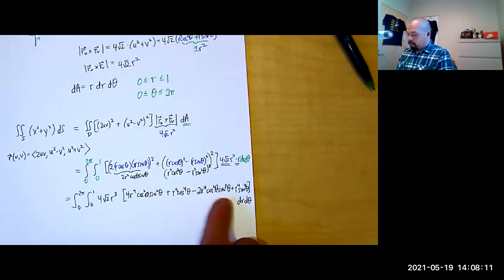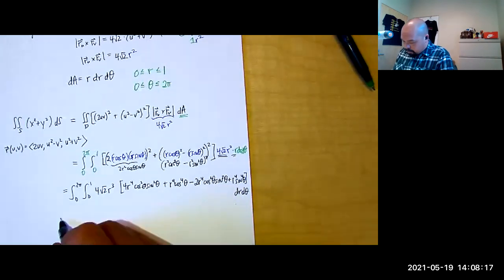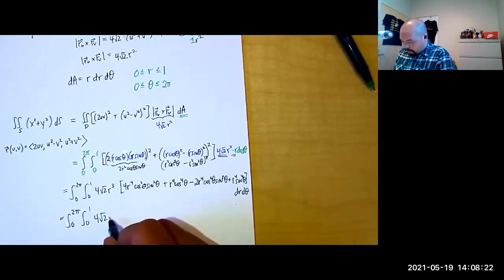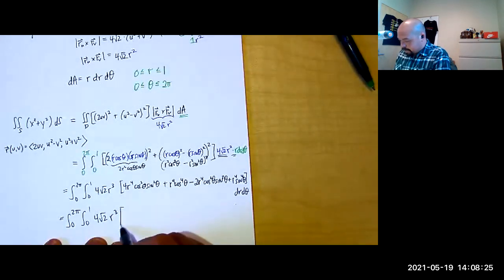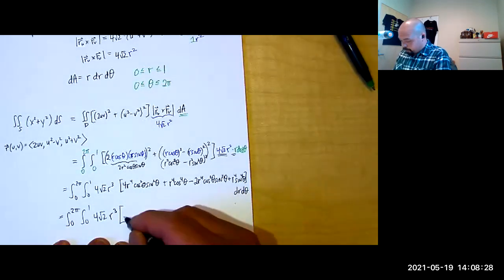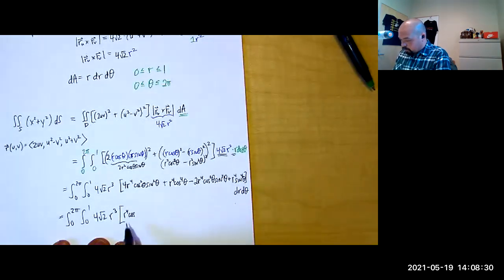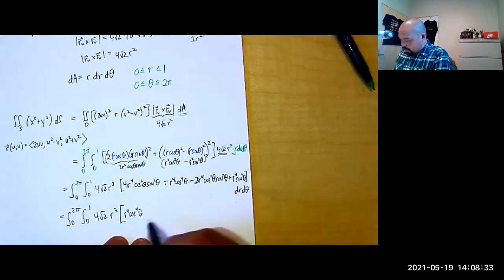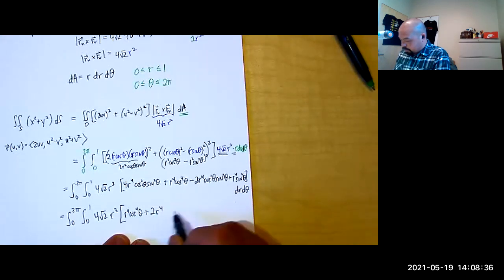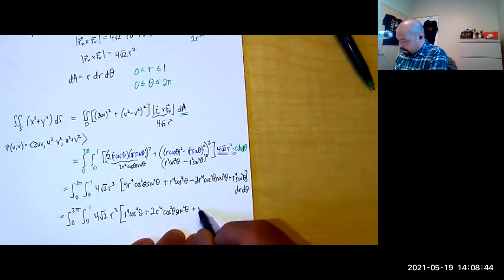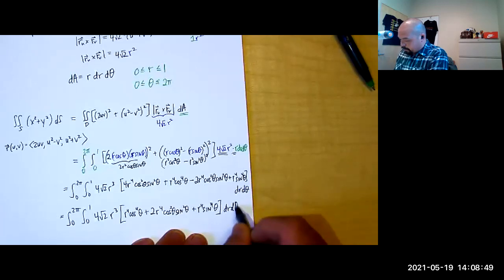Looking at the terms, right, combining where we can, simplifying, so on, it becomes kind of messy, I know, but this tedious task is trying to simplify down where we can. R to the fourth cosine to the fourth theta plus 2r to the fourth cosine squared theta sine squared theta plus r to the fourth sine to the fourth theta dr d theta.